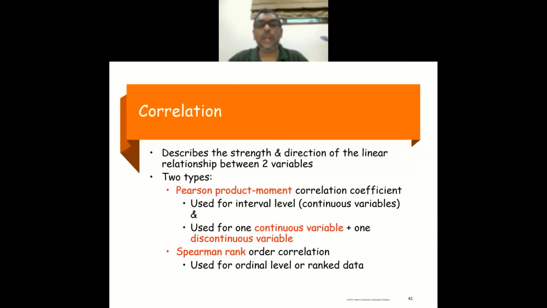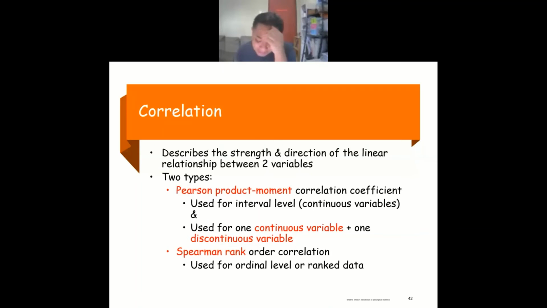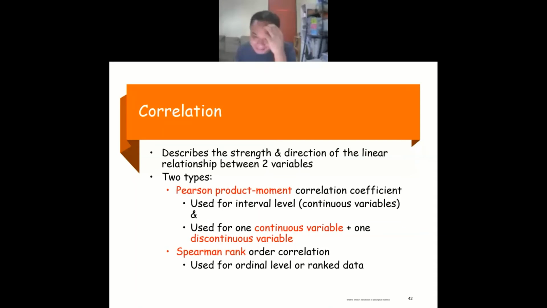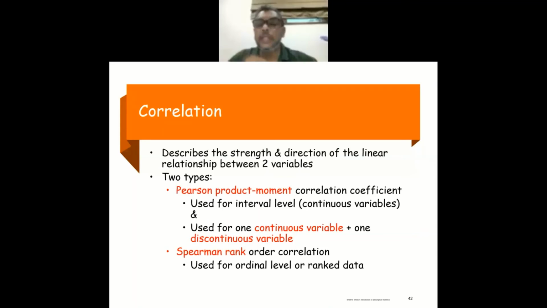Fasting is a variable and losing weight is a variable. We want to see what is the relationship between the two. There are two methods in how you can do correlation. You can use Pearson product moment, or you can use Spearman rank. These are the two methods.